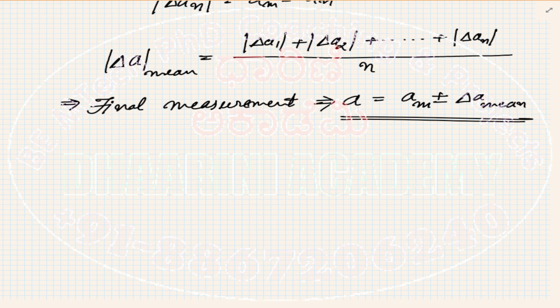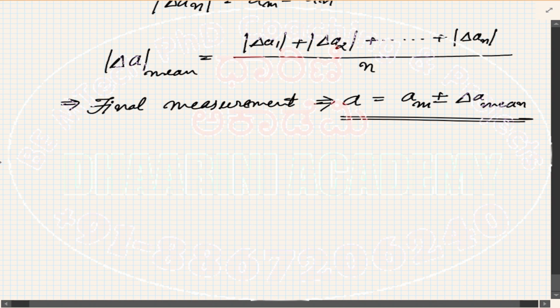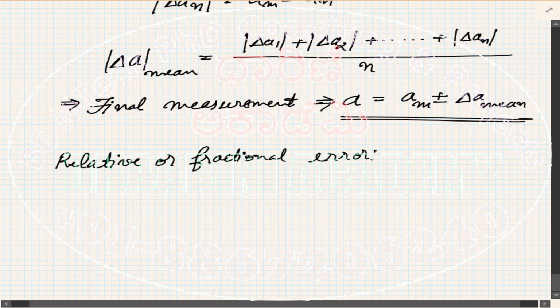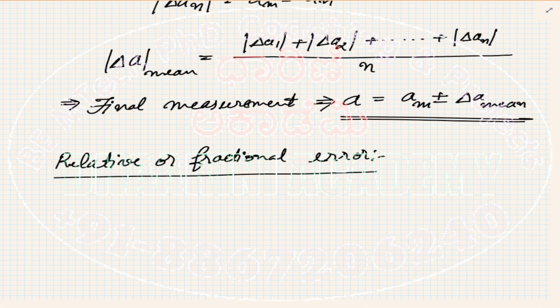Okay, now let's proceed further. The next one is called relative or fractional error. Let's try to relate the concept of relative error to the previous errors.